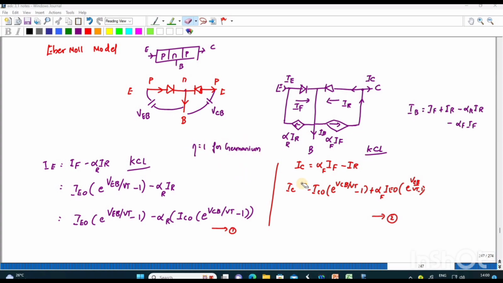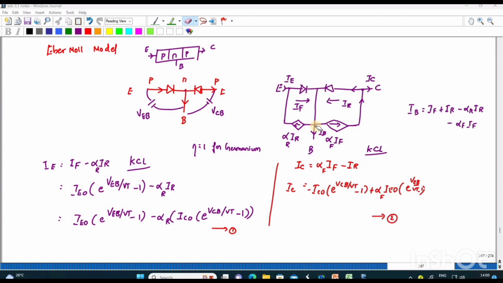Similarly I can write it for IC. IR is outgoing current and alpha F IF is incoming current. So I can write IC is equal to alpha F IF, and instead of IF I can write IE naught into e power VEB divided by VT minus 1, minus IR, and instead of IR I can write IC naught into e power VCB by VT minus 1.